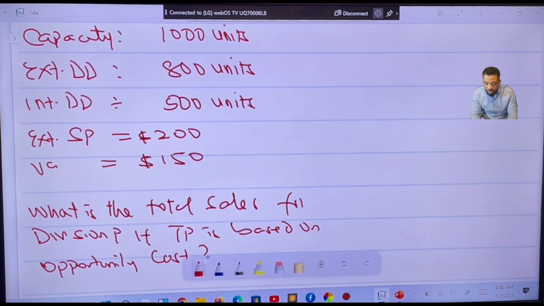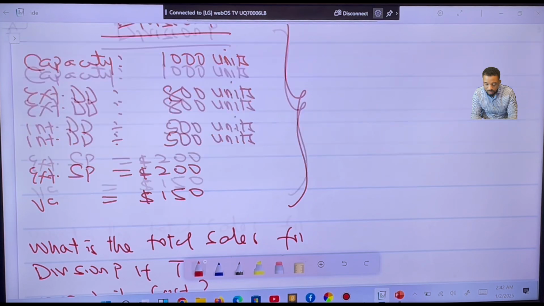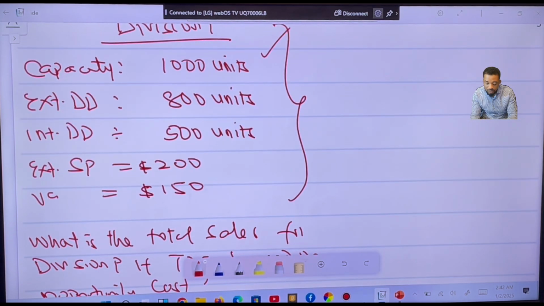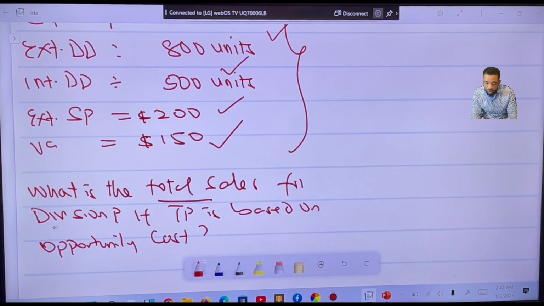The capacity is 1,000, external demand 800, internal demand 500, external selling price is 200, and variable cost is 150. Determine the total sales for division P if transfer pricing policy is based on opportunity cost.